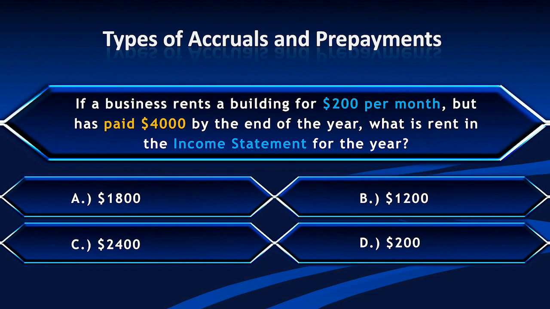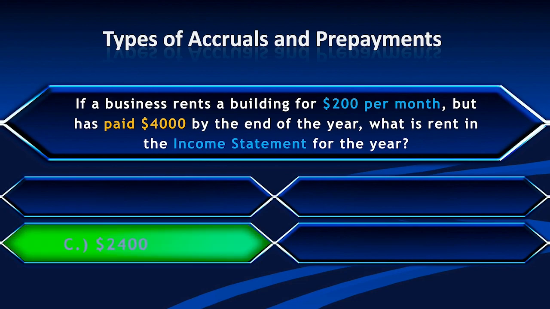So the emphasis is that what is entered in the income statement is the expense incurred. And if the expense incurred was $200 per month, then for the year it will be 200 by 12, so that's $2,400 is the amount that is entered in the income statement.